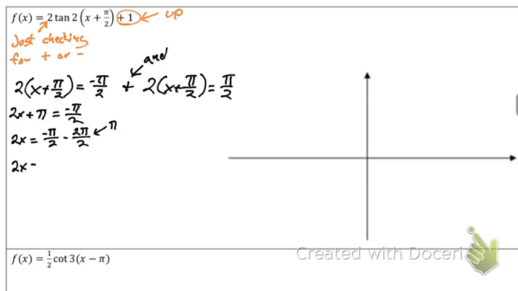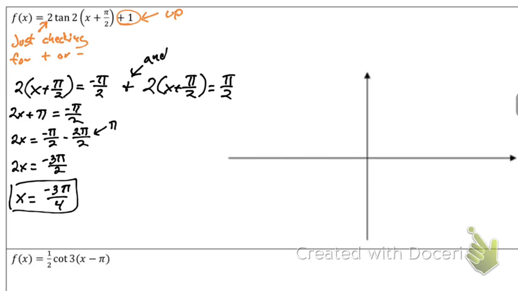That will give me 2x equals negative pi over 2 minus 2 pi over 2, which is negative 3 pi over 2. Then we divide both sides by 2. We end up with x equals negative 3 pi over 4. That is one of my vertical asymptotes.